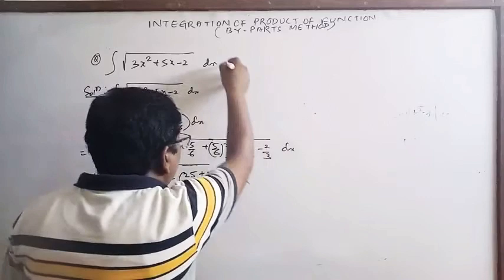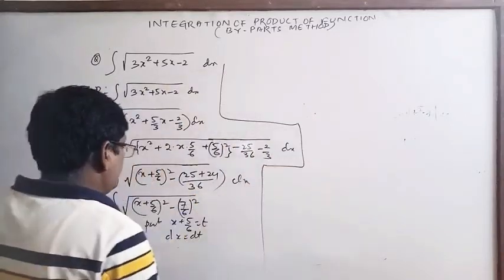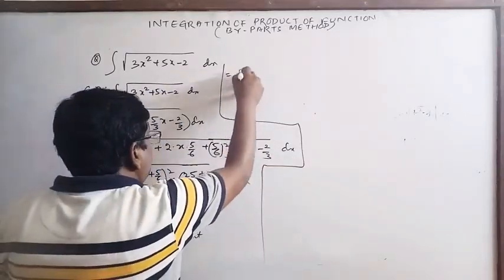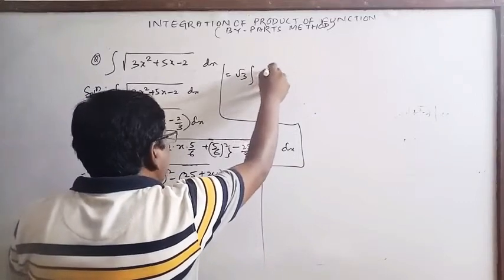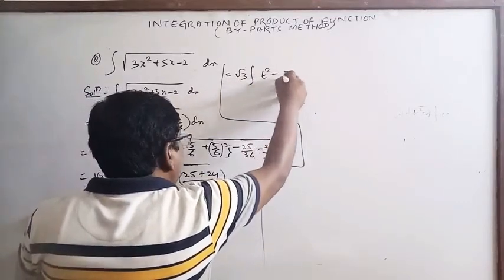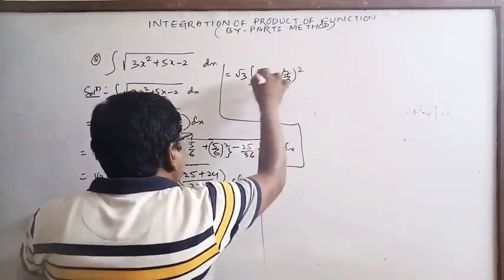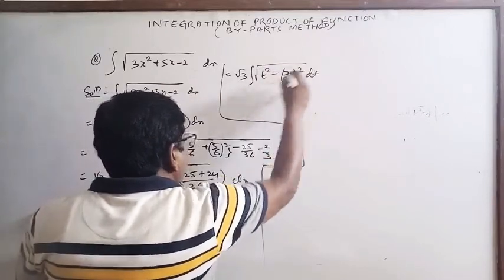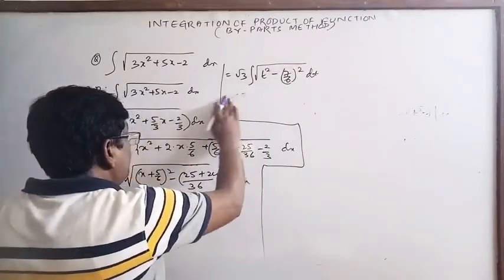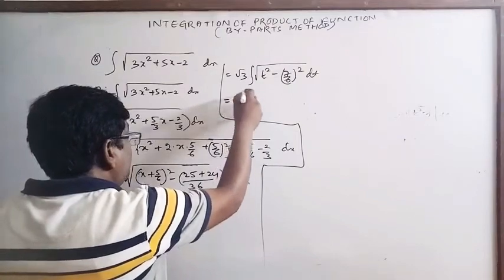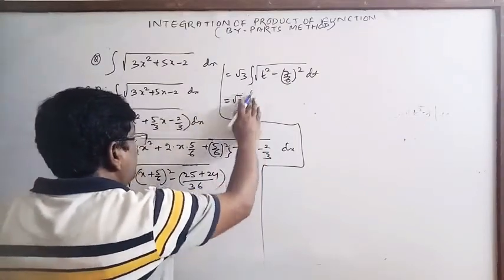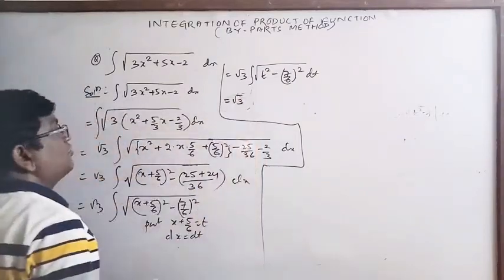Now that is equal to root 3 integration of the square root of t square minus (7 by 6) whole square dt. Root 3 and the integration formula, the x square minus a square formula.